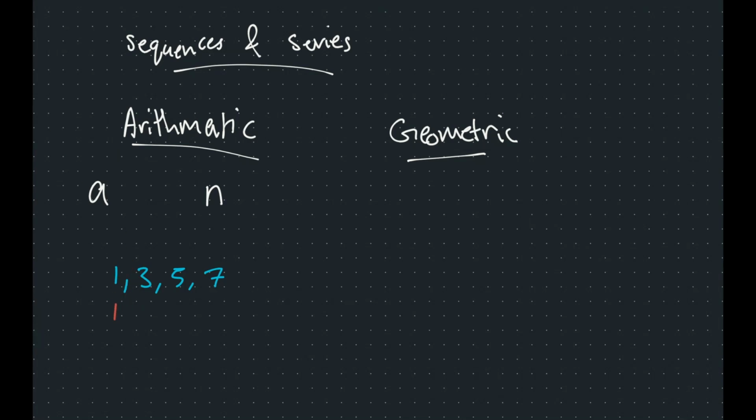So this is at n equal 1, this is at n equal 2, n equal 3, n equal 4. But a, on the other hand, is the value of the term itself. So a1 is equal to 1. This is a2, this is a3, this is a4. It is important to know this because we will derive some formulas using these two namings.